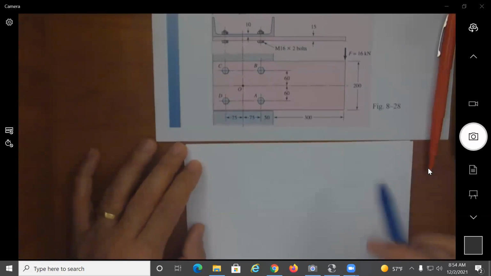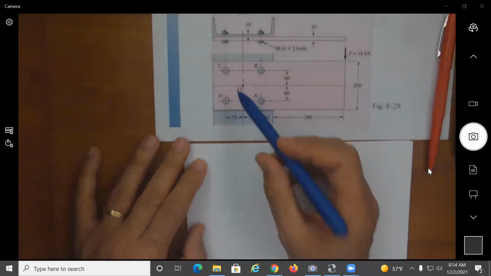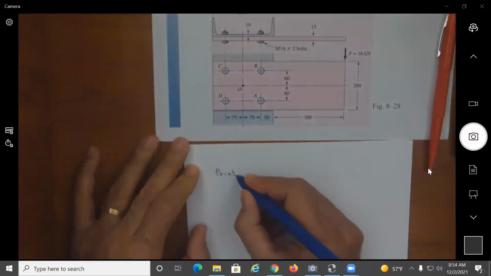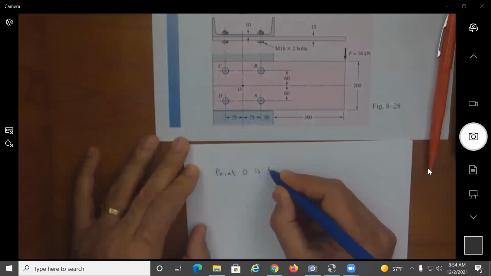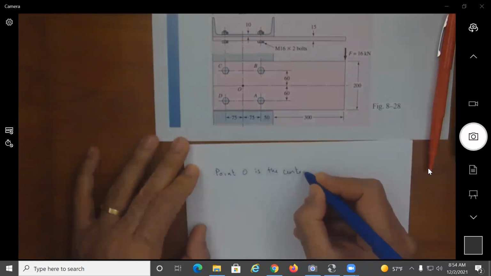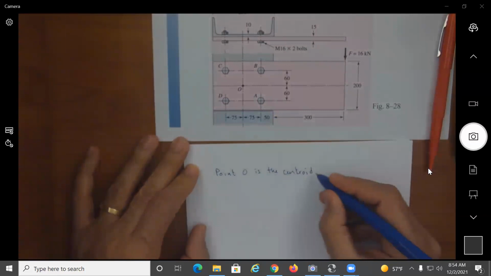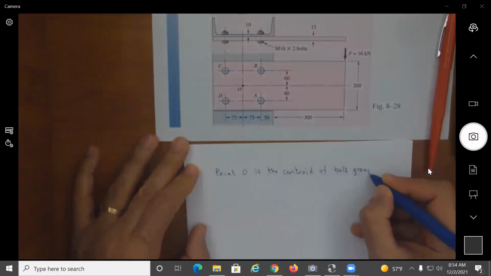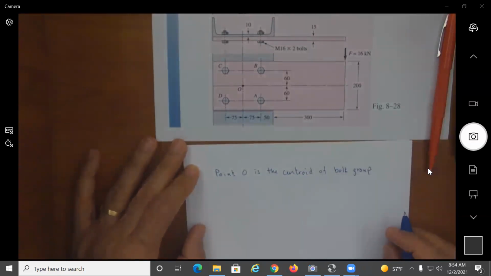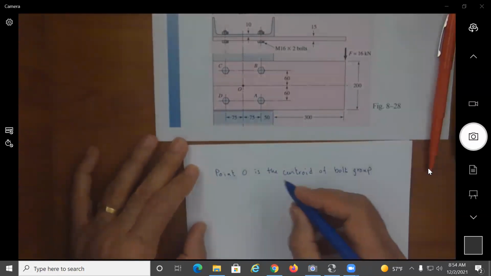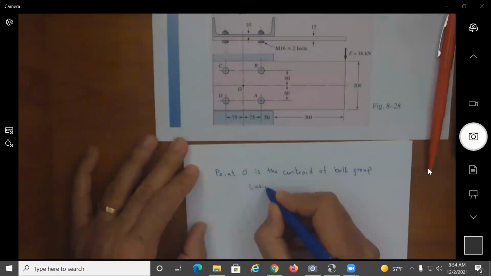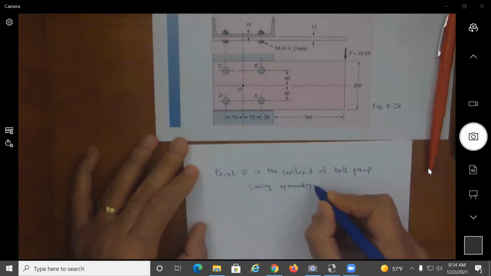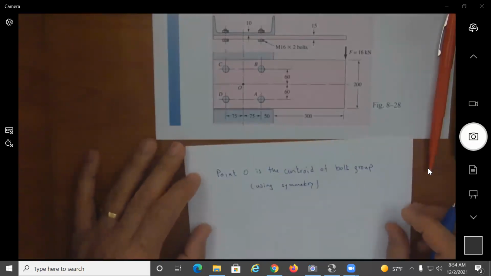If I consider here the centroid, point O is the centroid of the bolt group. And of course, we found this by symmetry, so we didn't have to use the equation.